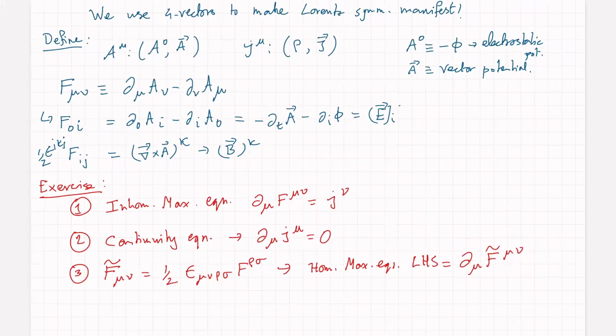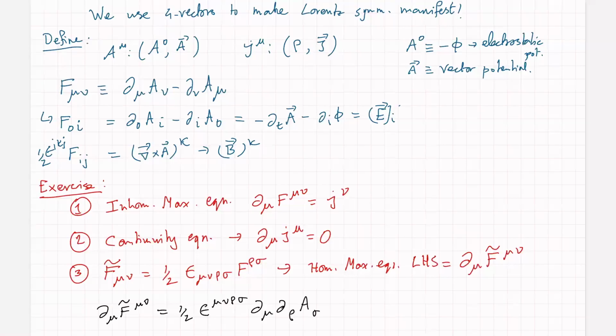Okay? So once you have this, let's see why these imply that they are identically 0. Because if I write down del mu F tilde mu nu, using the definition, this is epsilon mu nu rho sigma del mu del rho A sigma.